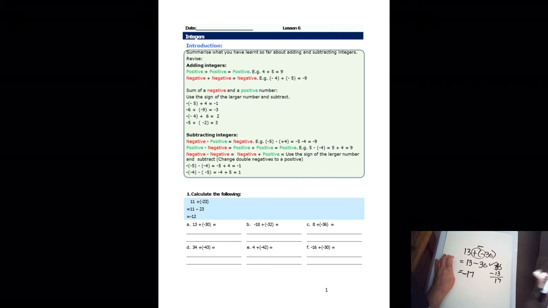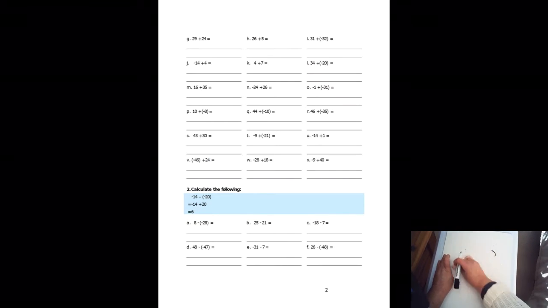Okay, I'm going to do another one of these, just so that you can see how to do it. If I now say minus 16 plus minus 30. The first thing I'm doing is I'm saying positive, negative, multiplied gives me negative.